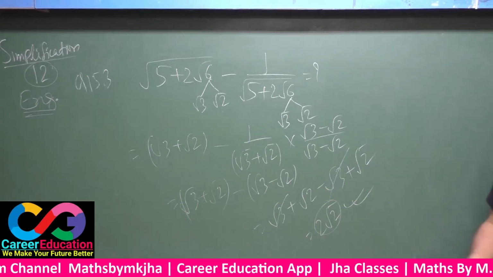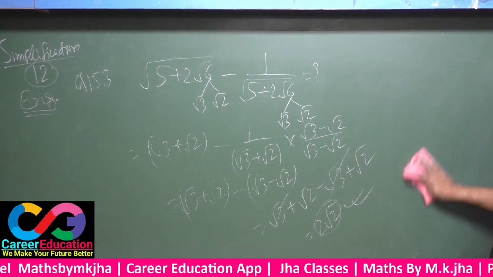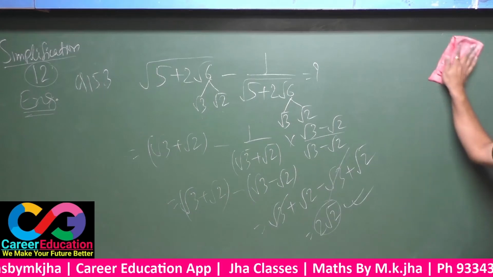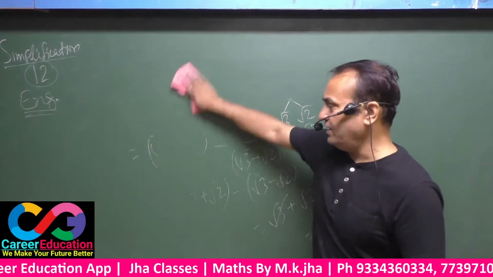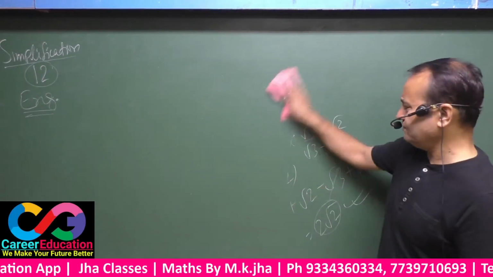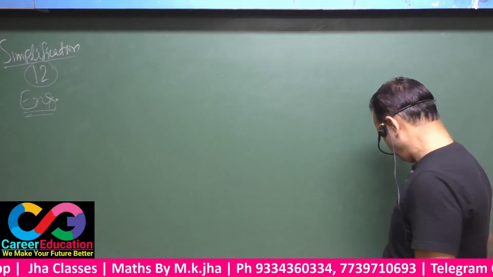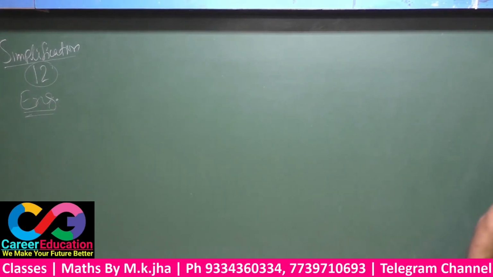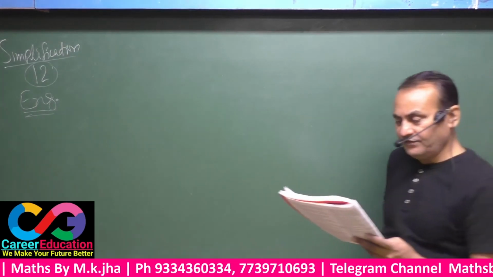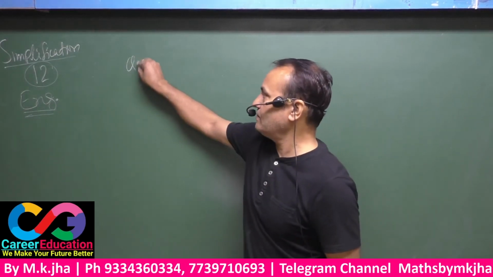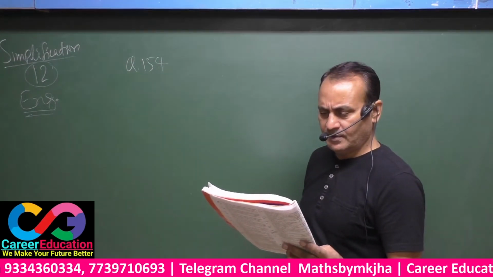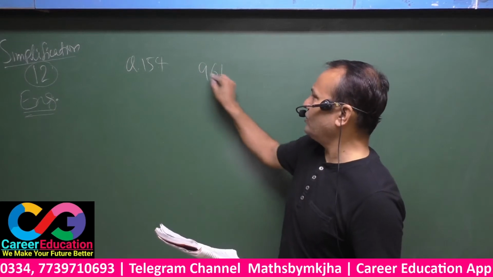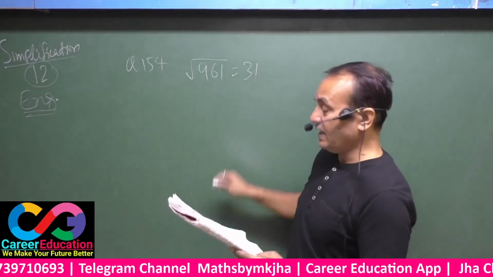Now I am coming to the next question, that is 154. Now a new pattern is coming before you. 154 is: if the square root of 961 equals 31, that is the reality as well.